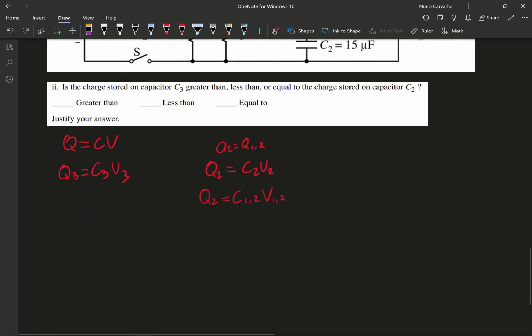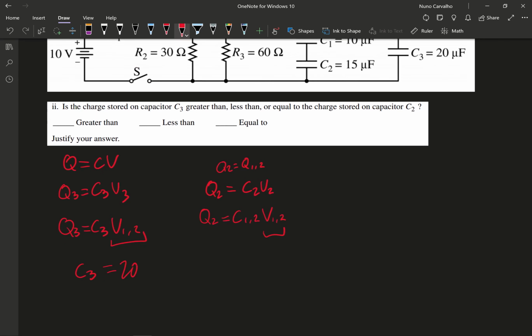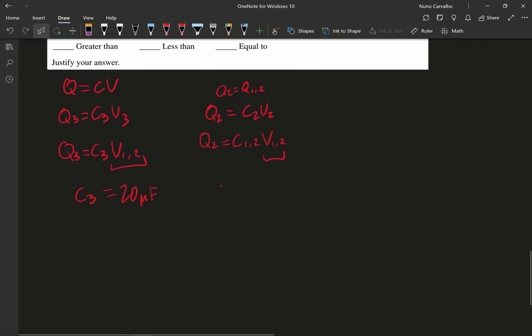So we could just say that Q3 then is given by C3 times V1,2. I could also just choose to replace this with V3. Either way, I just want to show that they have the same voltage here. So really, the only thing that we're now comparing is the capacitance. And so C3 here is equal to 20 microfarads, and C1,2 is equal to 6 microfarads, and we got that from the previous problem.